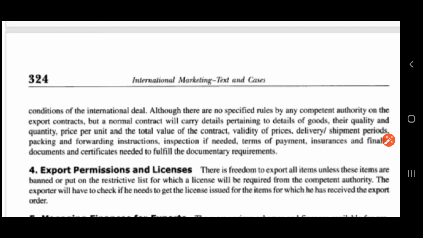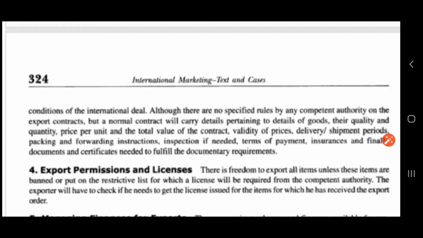Actually, there are many rules which are specified or standardized by the competent authorities, maybe by the import or export country governments.